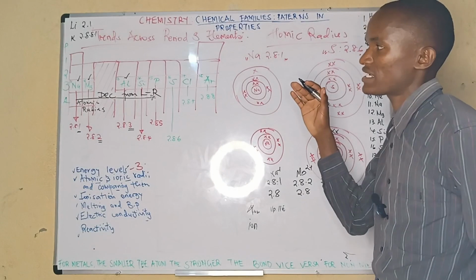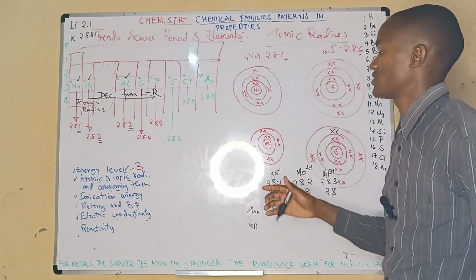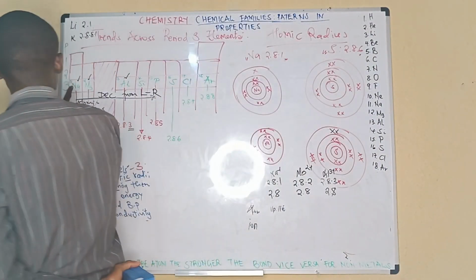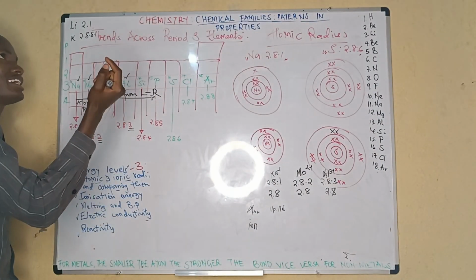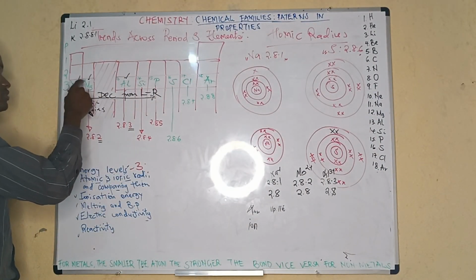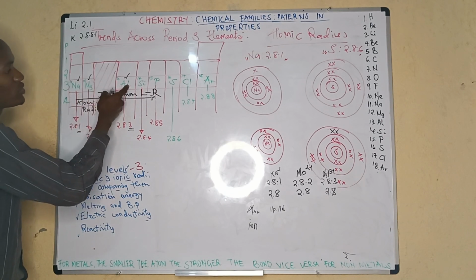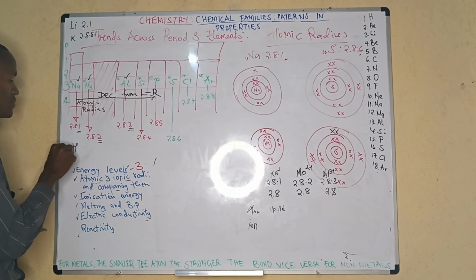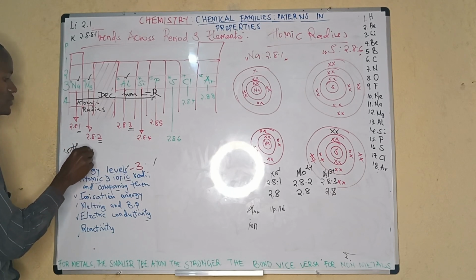We already compared the sizes of atoms and ions of these metals. We did that for sodium, 2, 8, 1 and 2, 8. We said that the atom is bigger than the ion. The same applies to magnesium. And the same we hold for aluminium, because aluminium is atomic number 13, 2, 8, 3 is its electronic configuration.